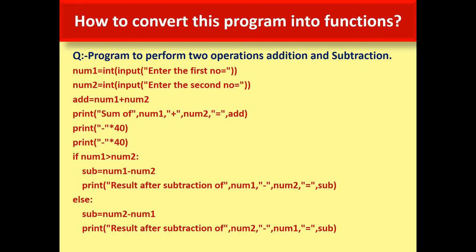Basically, this code says that we are supposed to enter two numbers, that is num1 and num2. After that, we have a variable that is add. With the help of that, we add the two variables num1 and num2 and store the result in add, displaying the same.